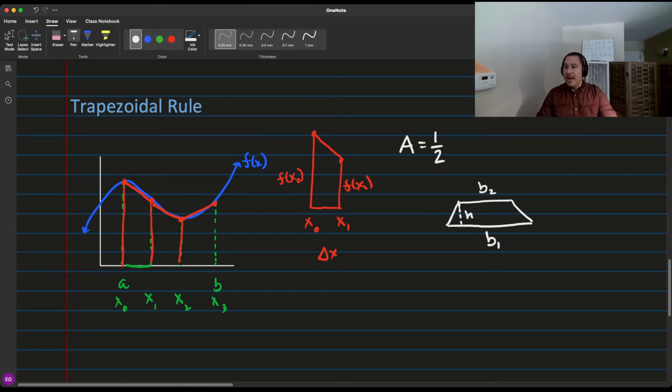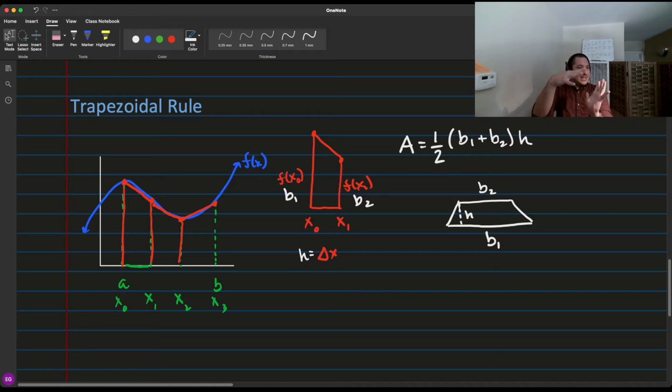So it's 1/2 of base 1 plus base 2, times the height. Now for us, f of x0 is your base 1, f of x1 is base 2, and delta x is your height, because it's on its side. That's one of the annoying things about this.